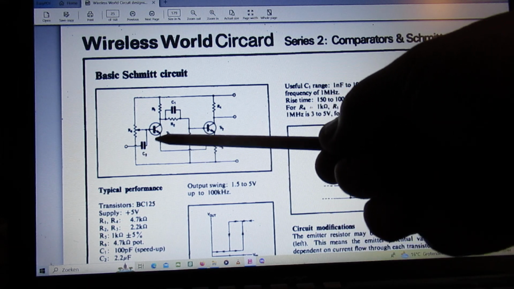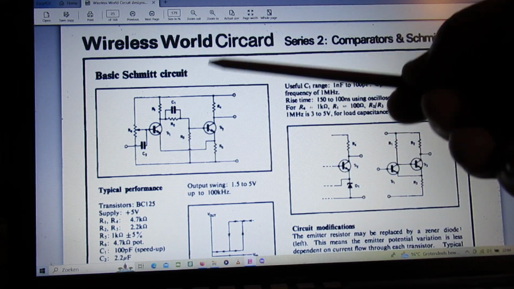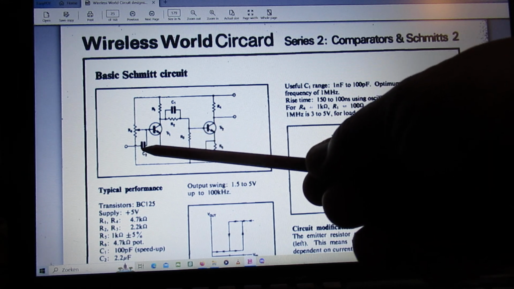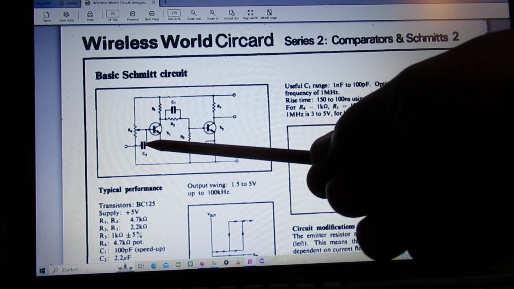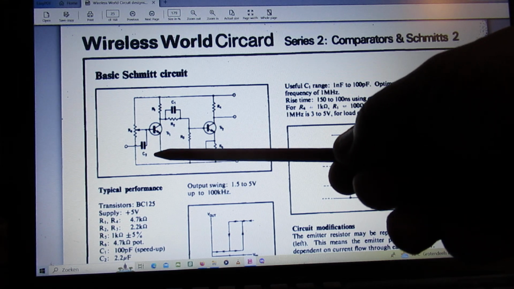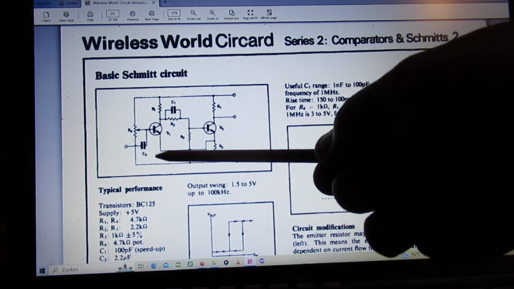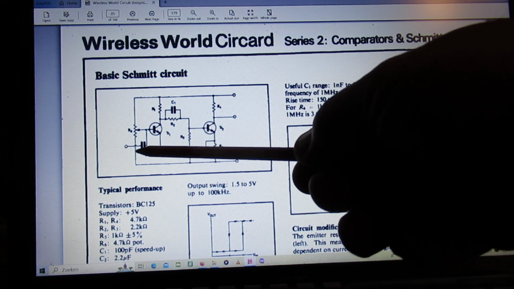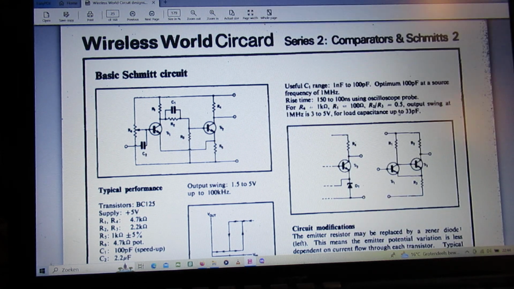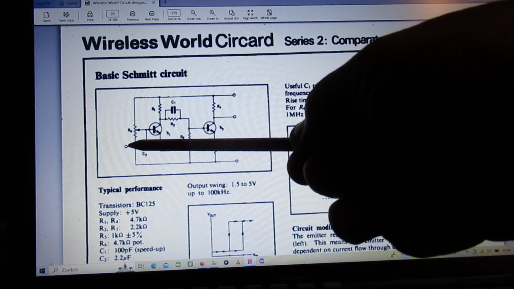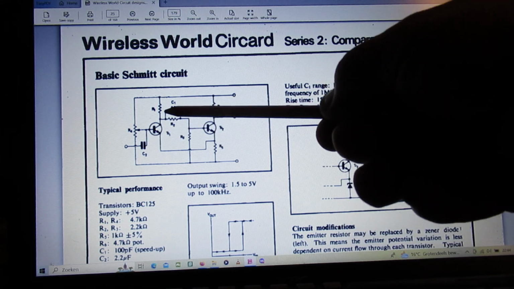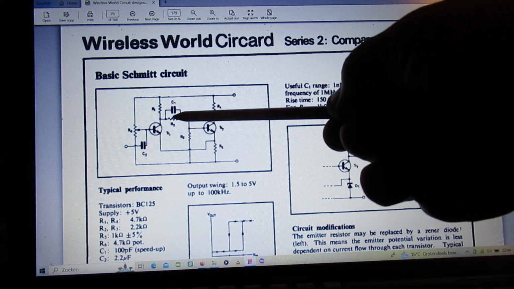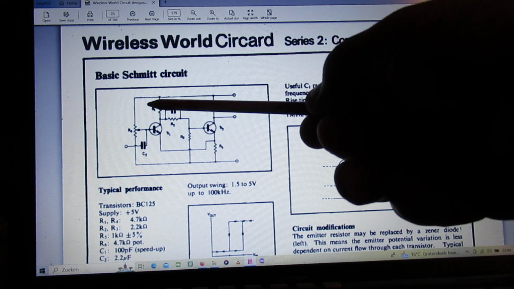It means that with such a Schmitt trigger you can change sine waves into square waves, at least when we are talking about a high frequency circuit. You can also use this when you leave this capacitor out, but it can do no harm on the other hand.